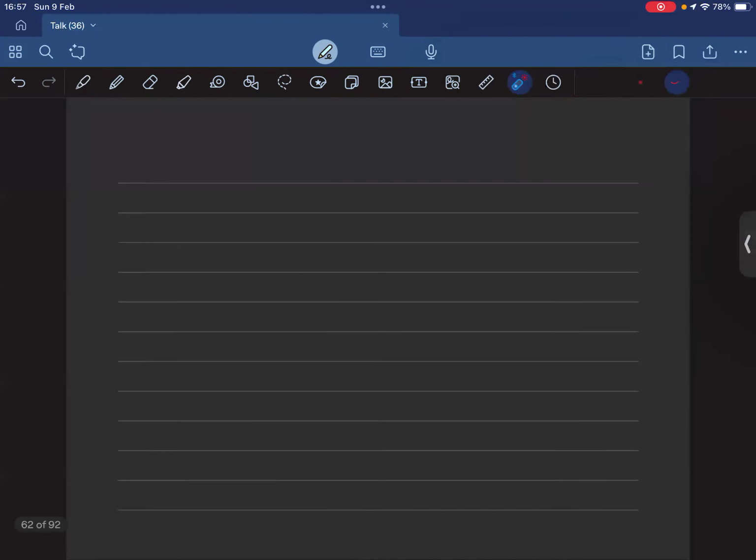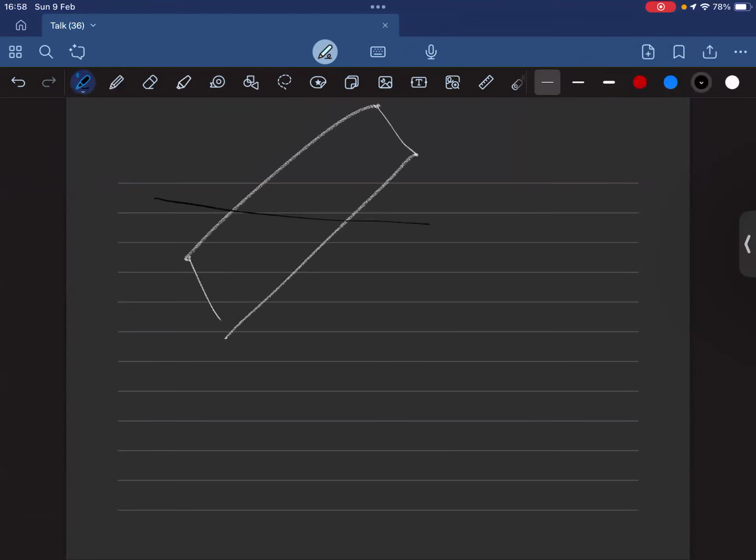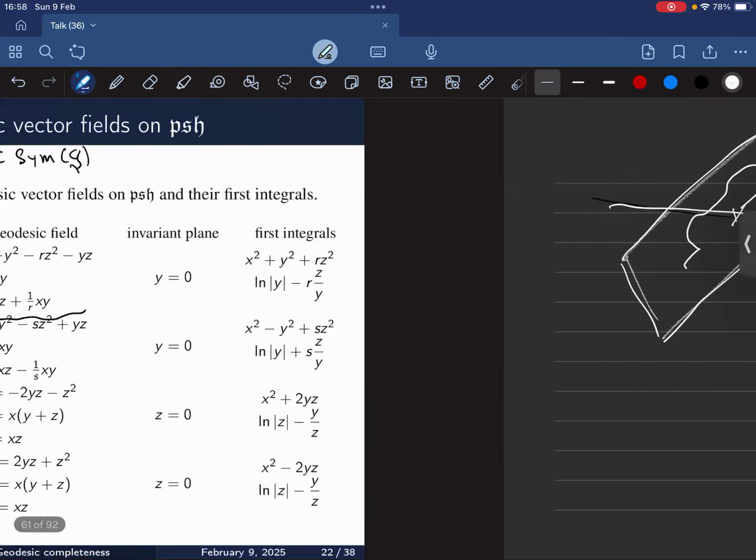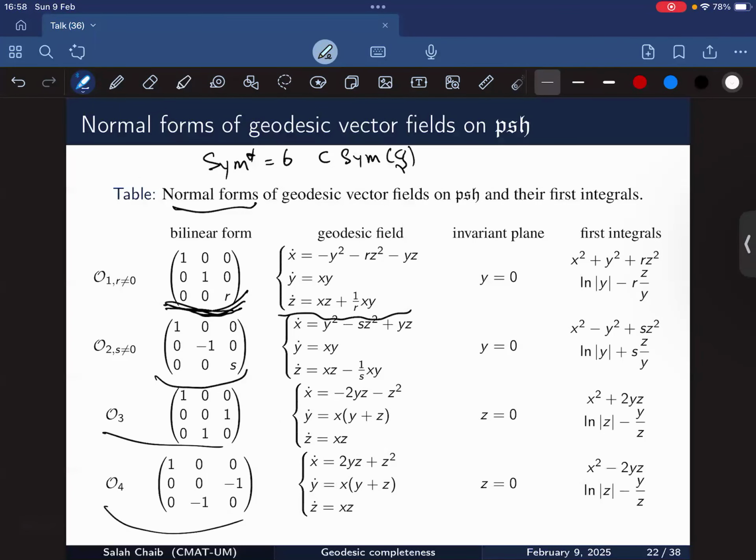If you start with some initial condition in this plane, let's say this is some plane inside G of dimension 2, the integral curve will not leave this plane. This is the meaning of invariant. So it's invariant by this geodesic vector field, this Euler-Arnold vector field.